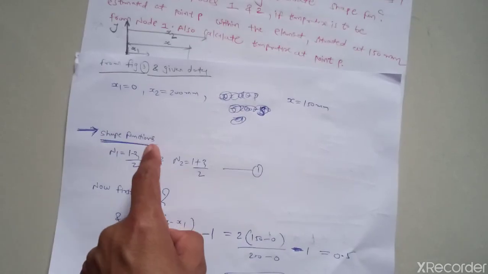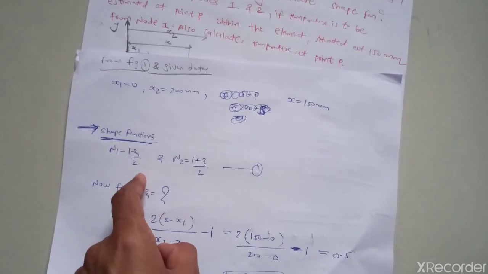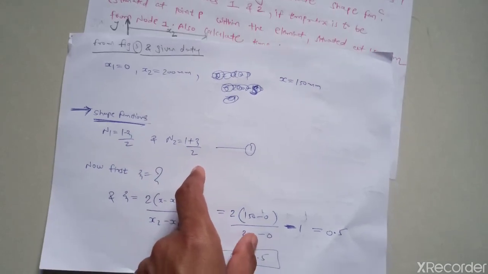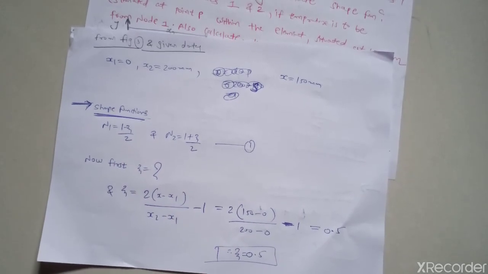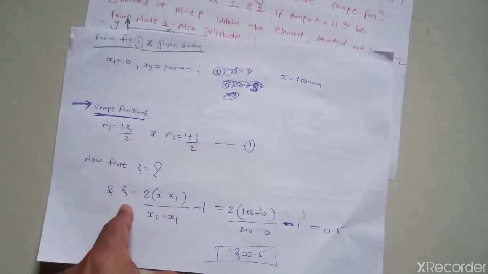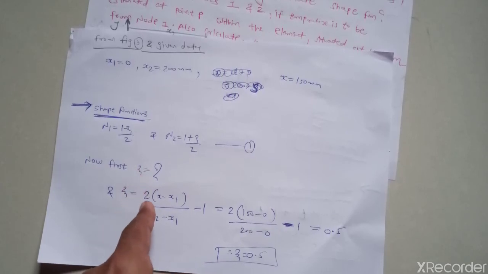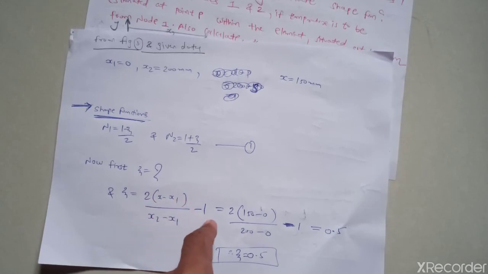Now the shape functions are found by the equations N1 is equal to 1 minus eta by 2 and N2 is equal to 1 plus eta by 2. If we want to find N1 and N2, first we want to find eta. Eta is found by this equation: 2x minus x1 divided by x2 minus x1, minus 1.